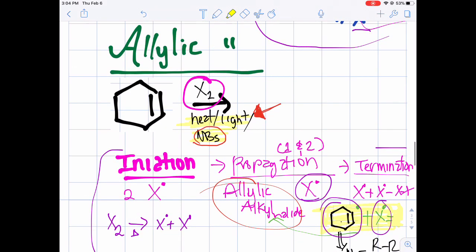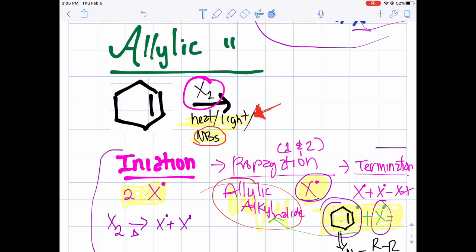But the main things are that during initiation you produce two radicals from your dihalide, or your diatomic halogen, and your propagation step will focus on reproducing the radical halogen, right? And your allylic alkyl halide, right?